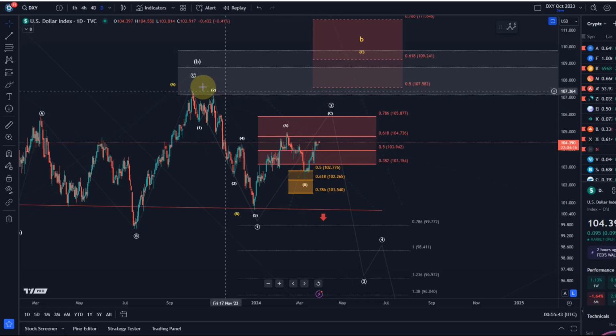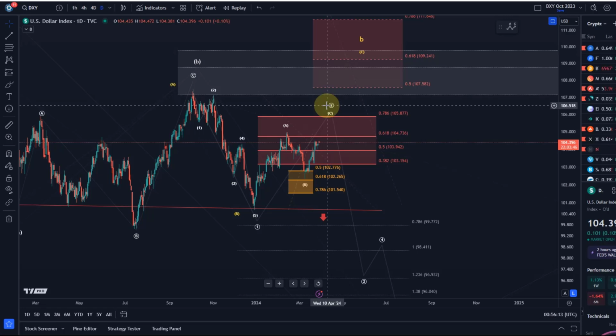The invalidation point is the October high, which formed at around $107.35. The DXY could certainly push higher, because if it breaks above 105.87, we are probably morphing into a different scenario. It's unusual for a wave 2 to retrace beyond the 78.6 retracement. Then it's typically something different.